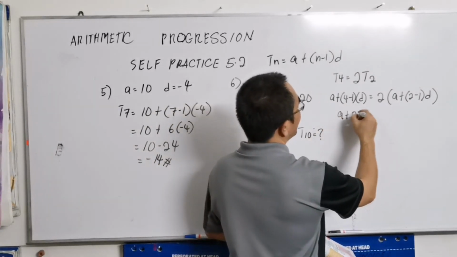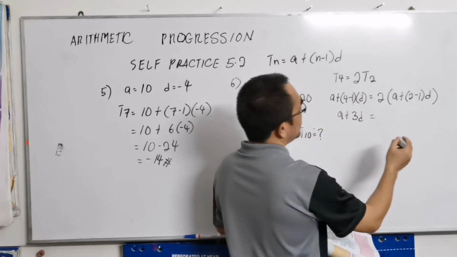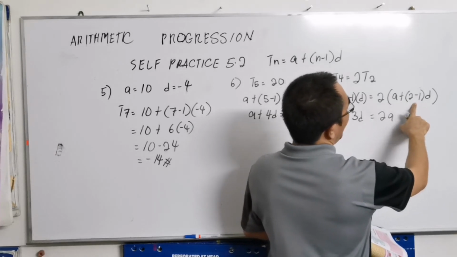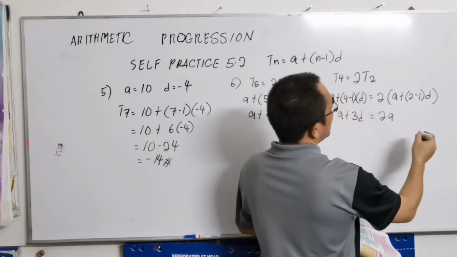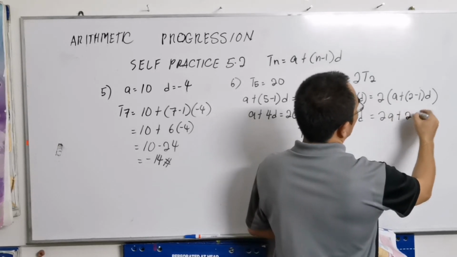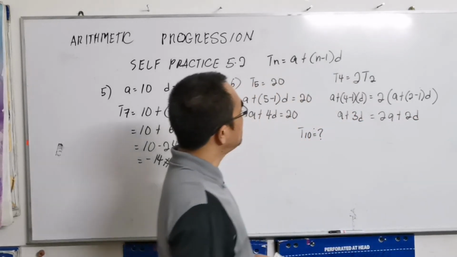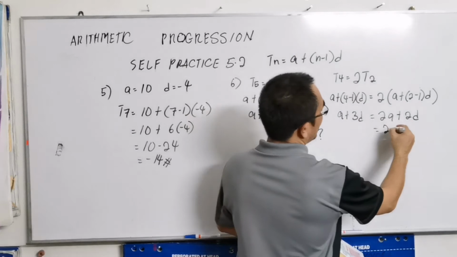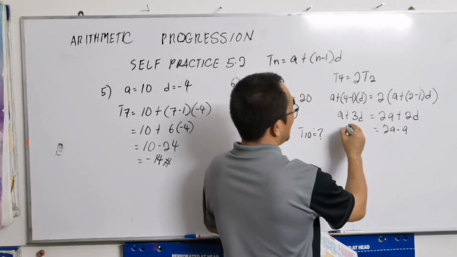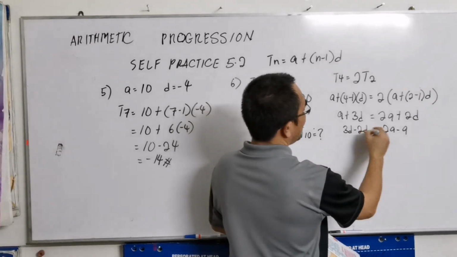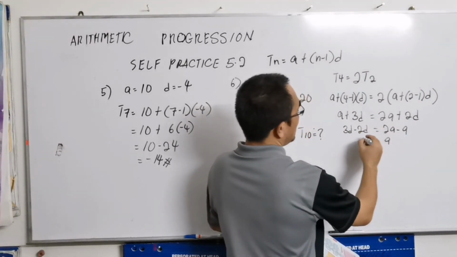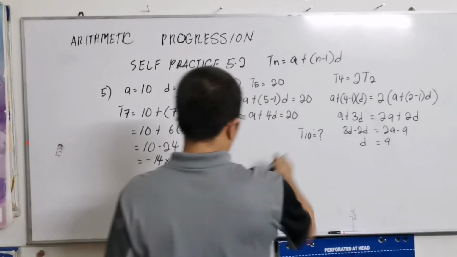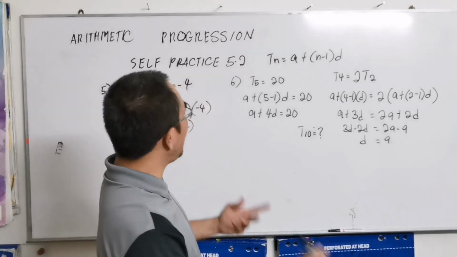So here A plus 3D equals 2A, and 2 minus 1 is 1, 1 times D is D, times 2, so plus 2D. You can simplify this. So 2A minus A will be 3D minus 2D. So we have here A equals to D. Before we can answer this question, we have to solve what is A and D.